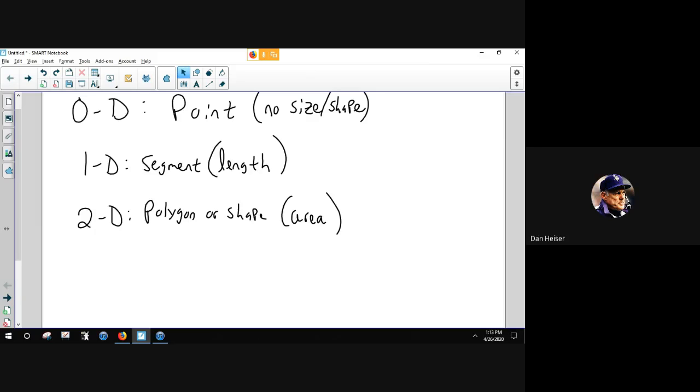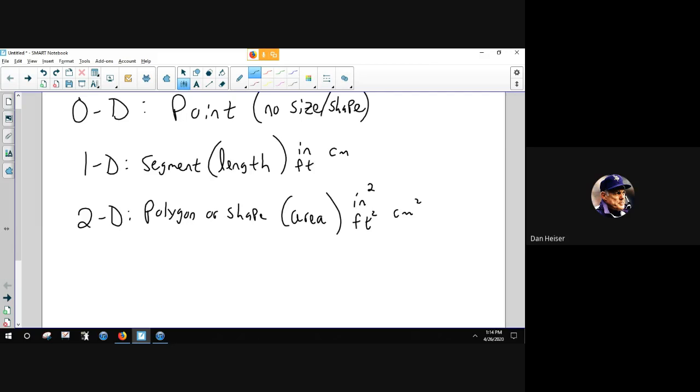So now we are no longer measuring things in inches or feet or centimeters. Now we're measuring things in square inches, square feet, square centimeters, and other units as well.